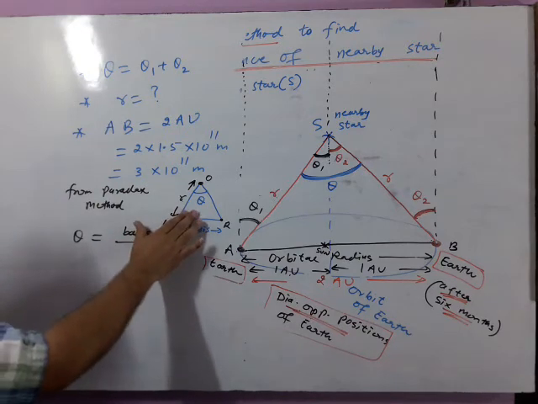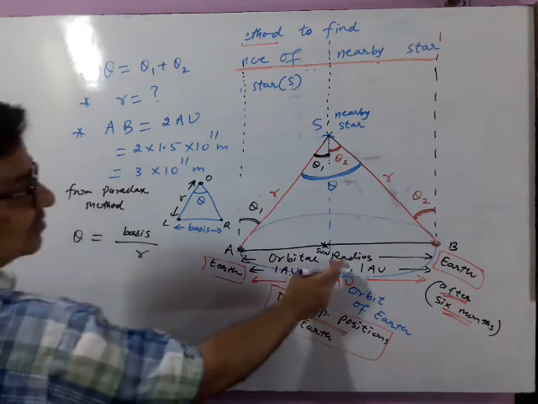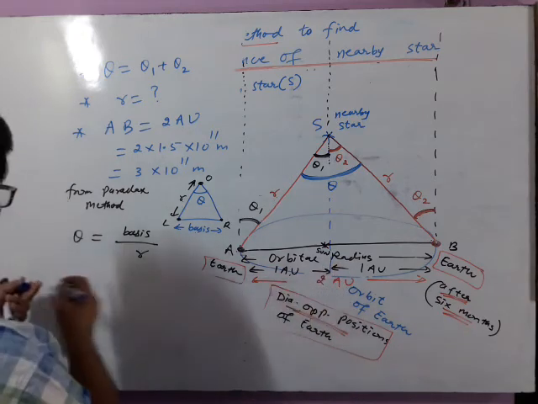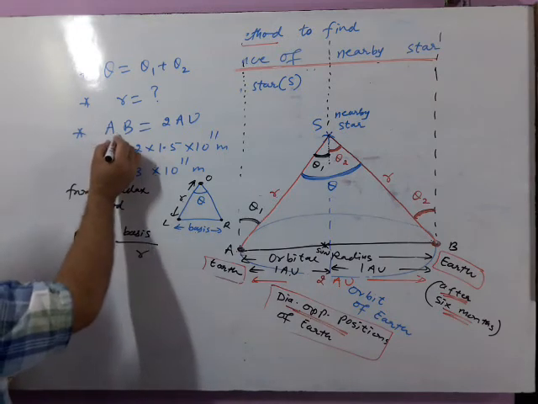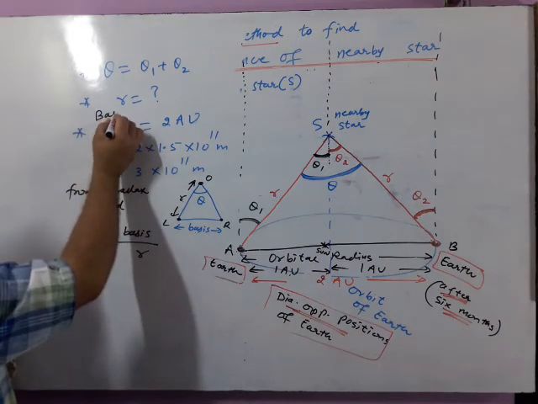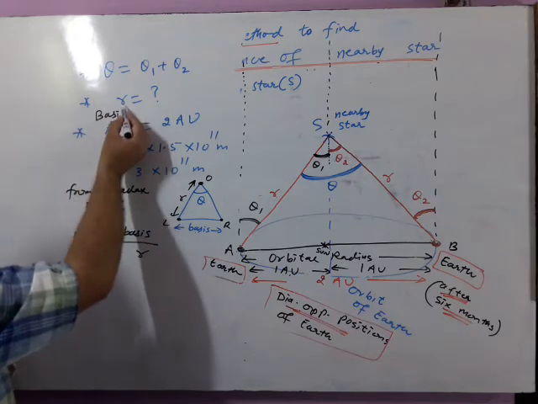So match this topic with the parallax method. So you will say this orbital radius is actually basis. So you will write it basis. This AB is basis. This is the parallactic angle and the distance we are finding.